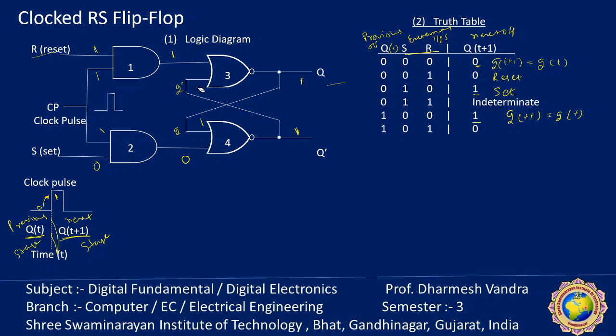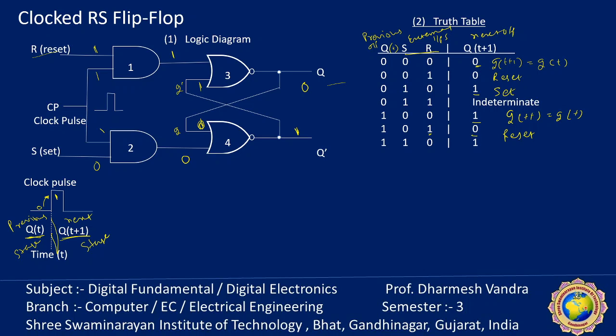This one is given to here. 1 1, this will become 0. 0 0, it is already 0, so it is stable at 1 and will not change. So finally we get reset, because the reset input is 1 and set input is 0. It does not depend on the previous condition.